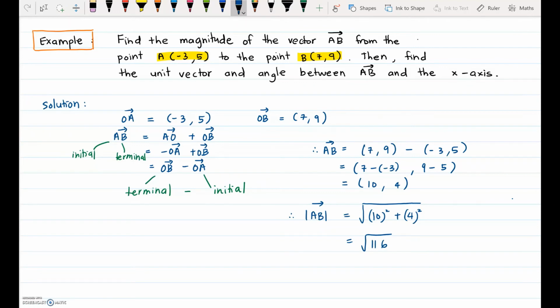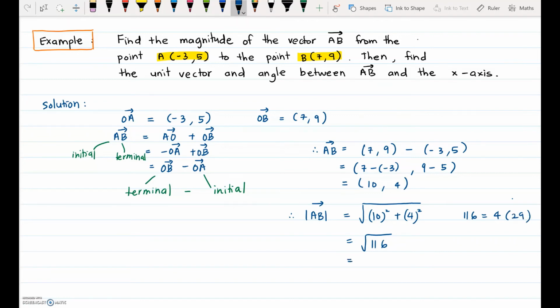You can also simplify your square root, meaning you have to find a perfect square. For example, let's say we want to find 4. Let's say 116 equals 4 times something. So 116 divided by 4, you will get 29. It is equal to 4 times 29.